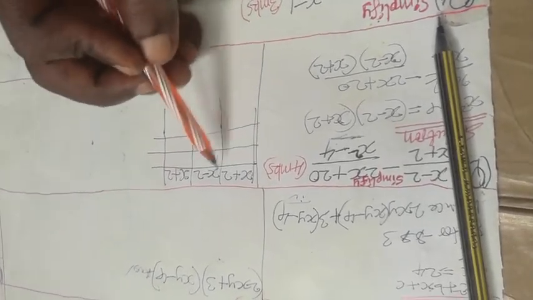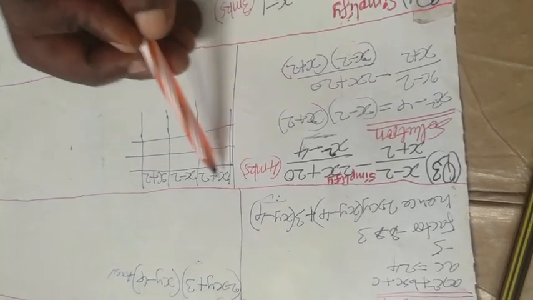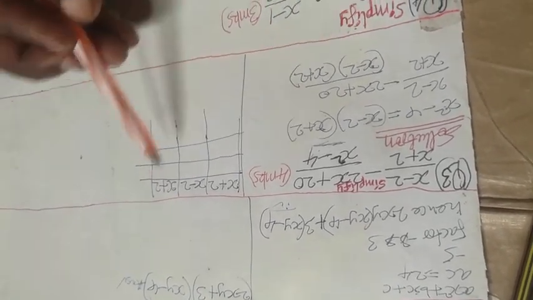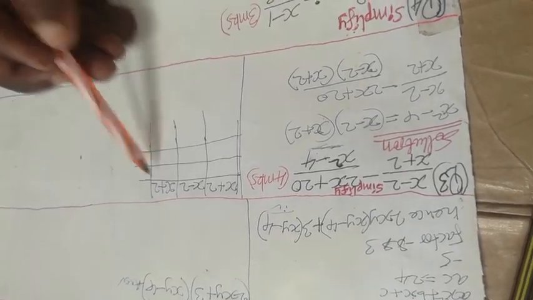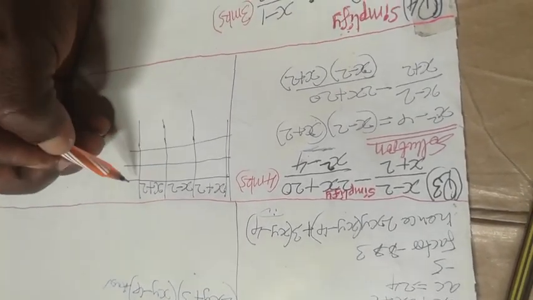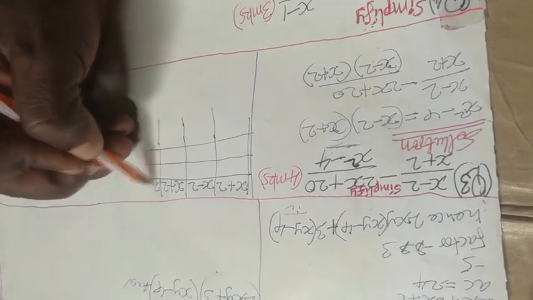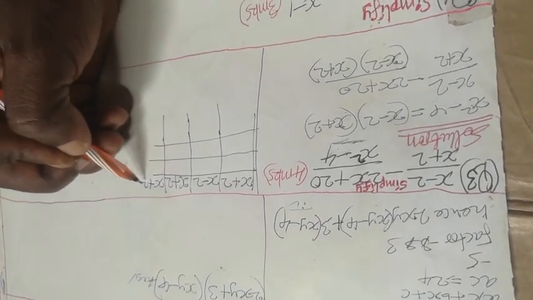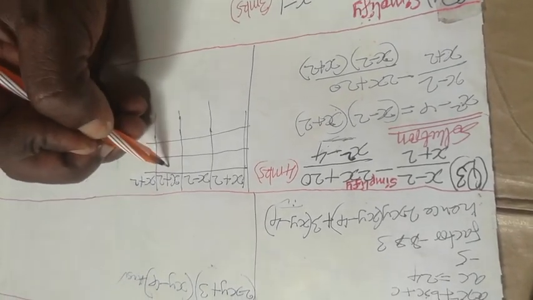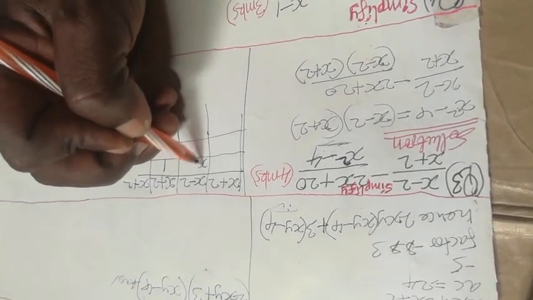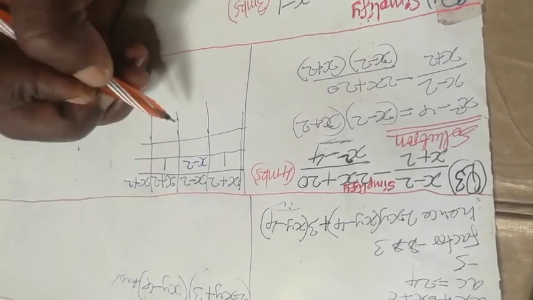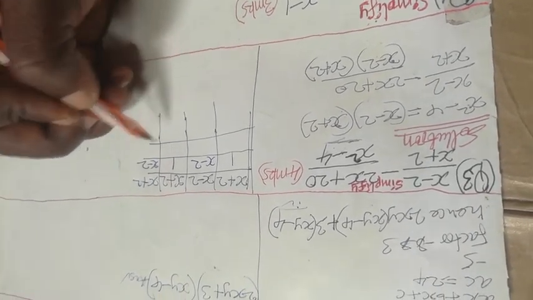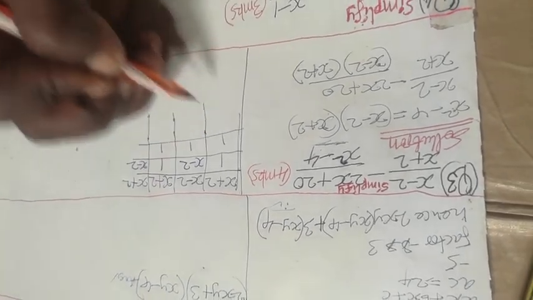We see that x plus 2 is this part, x minus 2 is this part, and lastly x plus 2 is this part. Then we divide by x plus 2. Here we get 1, here we get x minus 2, and here we get 1. If we divide by x minus 2, we get 1, 1.